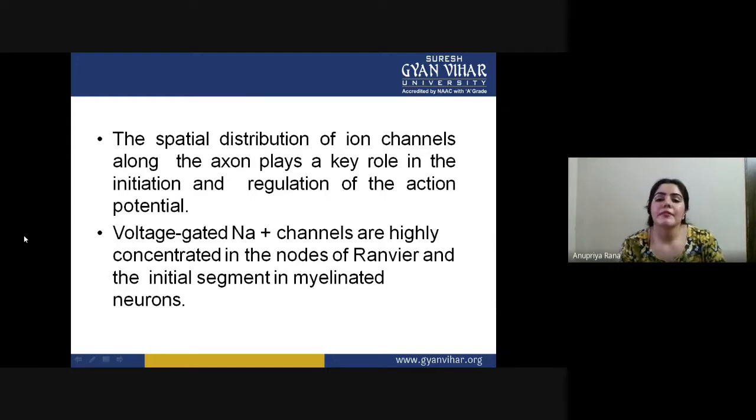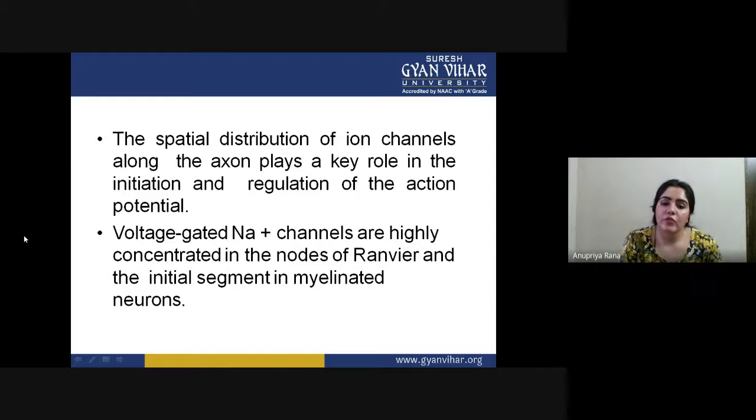The spatial distribution of the ion channels along the axon plays a key role in the initiation and regulation of the action potential. It is very important in what way the ion channels are distributed and how the axon plays its role. So you can say the axon and ion channels are both very important for generating or regulating the action potential.